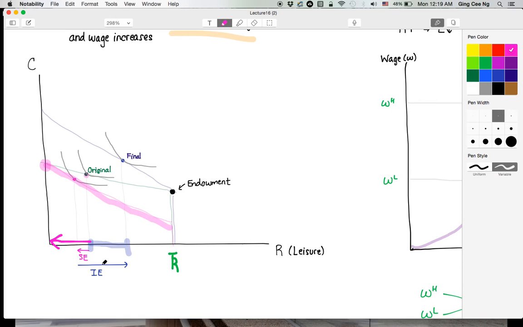Now, I'm not going to decompose the endowment income effect and whatever. But the total income effect is now looking at this intermediary bundle to the final bundle.